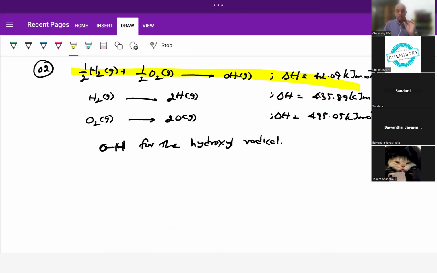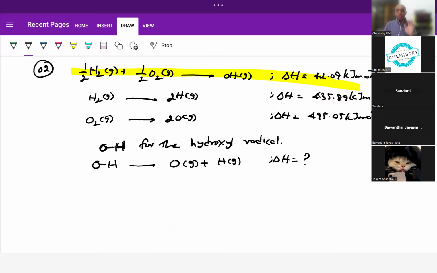And write the equation which has been asked as well, the questionable equation. The questionable equation is the bond dissociation enthalpy of OH, the hydroxyl radical. So this is what has been asked. Delta H is how much?